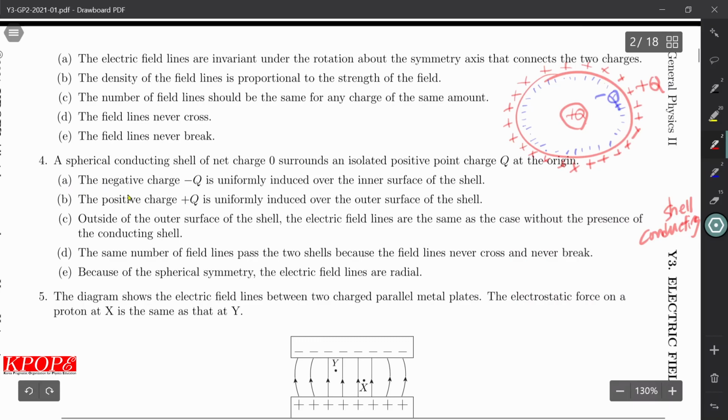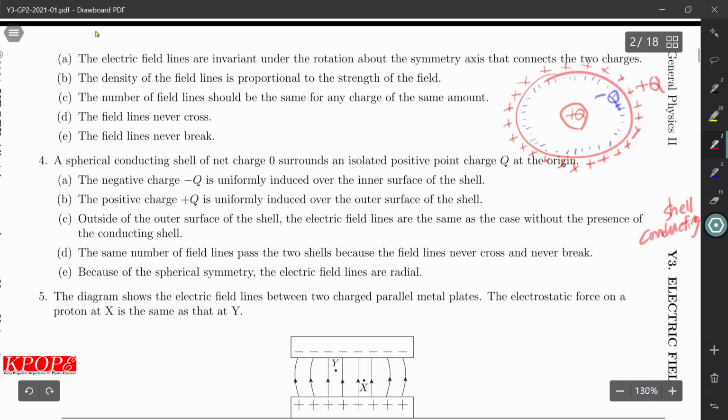So A, the negative charge minus Q is uniformly induced over the inner surface of the shell. B, the positive charge plus Q is uniformly induced over the outer surface of the shell.